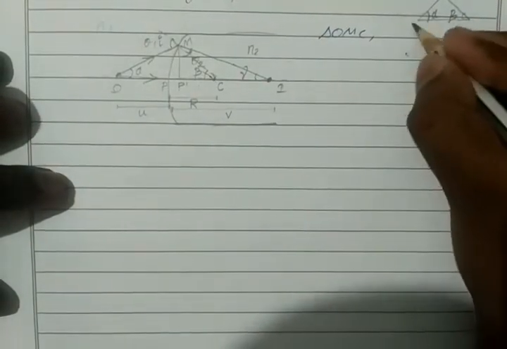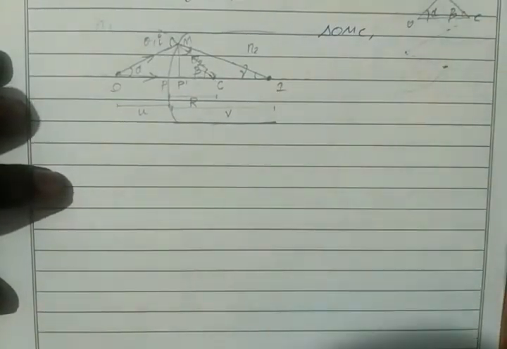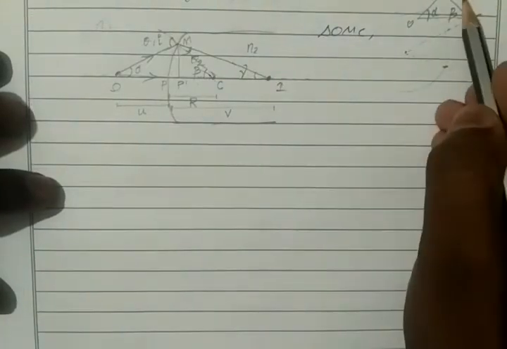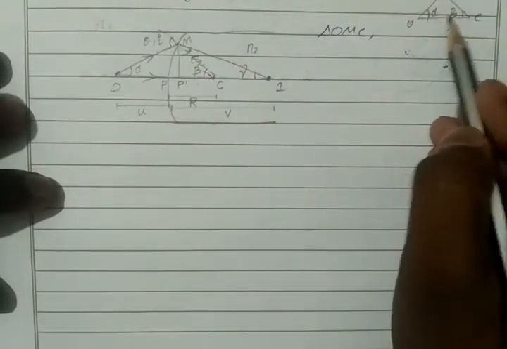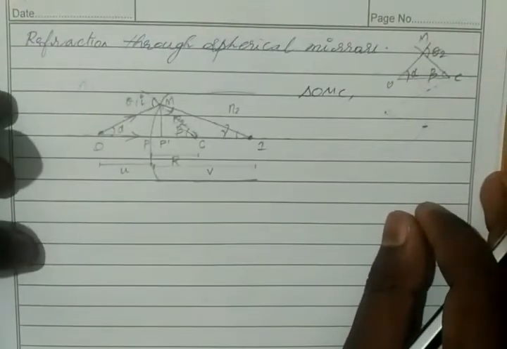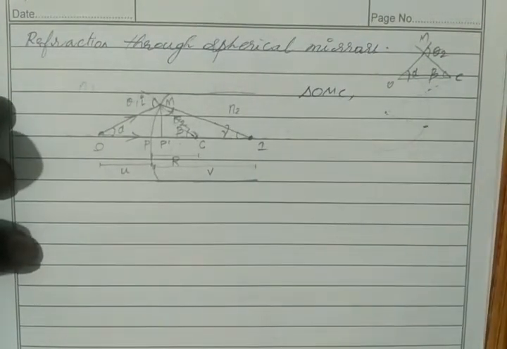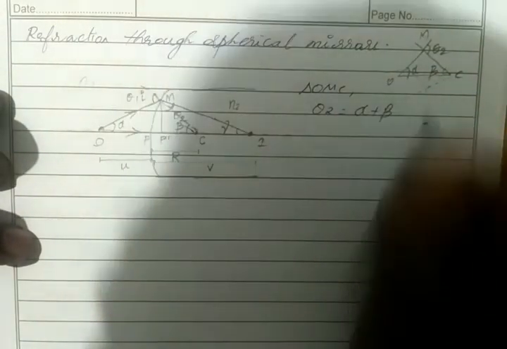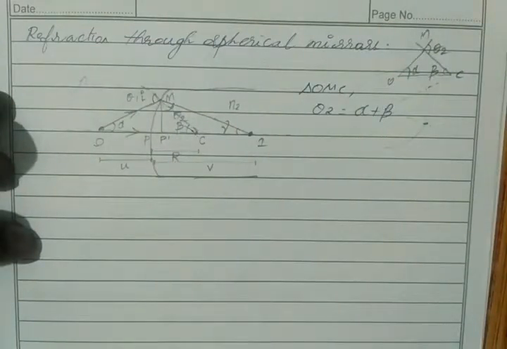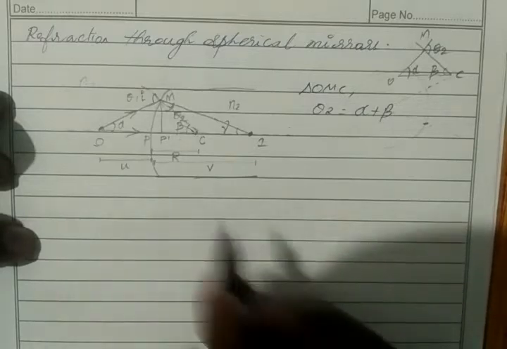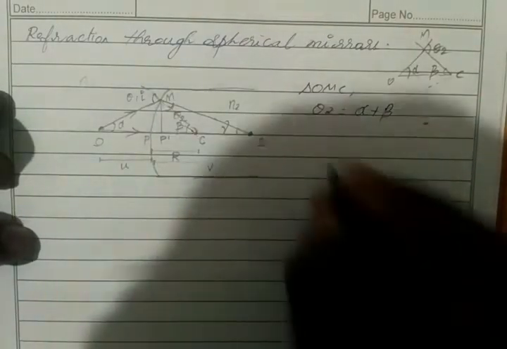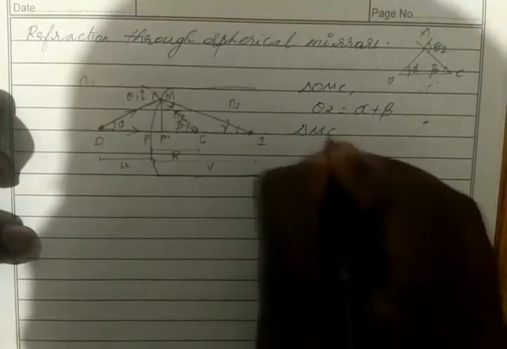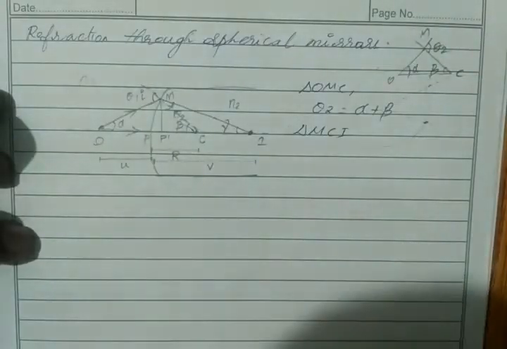So the exterior angle equals the sum of the opposite interior angles. Clear? So theta 2 equals alpha plus beta. Then consider the triangle MCI. We have a triangle like this.